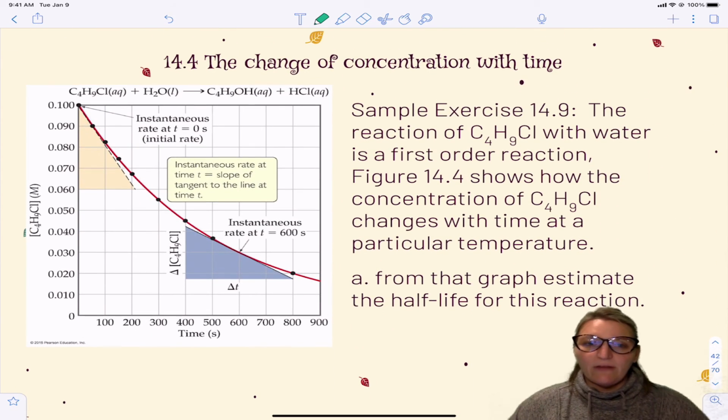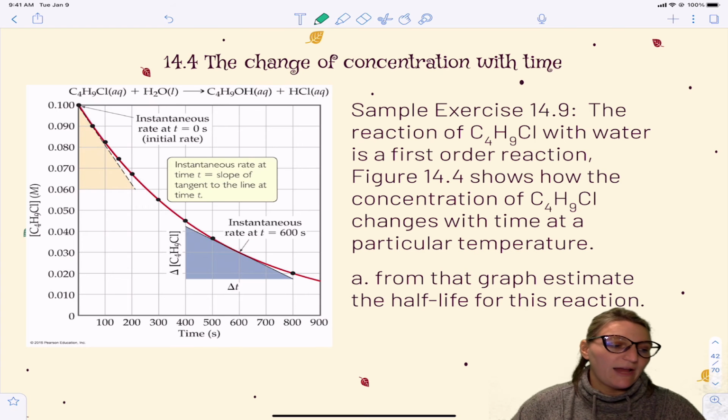So here's another sample question using this half-life concept. Sample exercise 14.9. This is that reaction of chlorobutane, right? Chlorobutane reacts with water. It's a first order reaction. And it says, from this graph, estimate the half-life for the reaction.